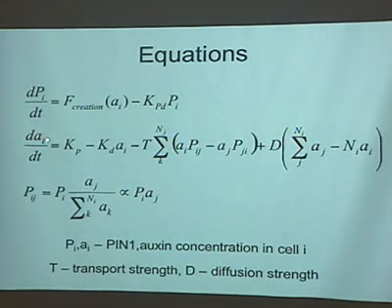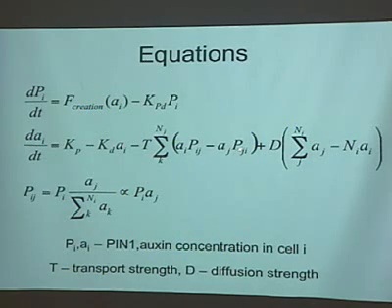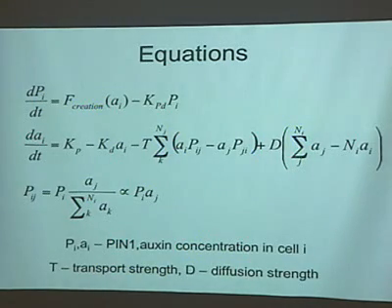The concentration of auxin in any individual cell i changes with time as production minus degradation minus active transport out, depending on PIN1, plus diffusion back in from the surrounding cells. And the direction of PIN1 is linearly proportional to the concentration of auxin in the surrounding cells. Just what it said in the last slide.